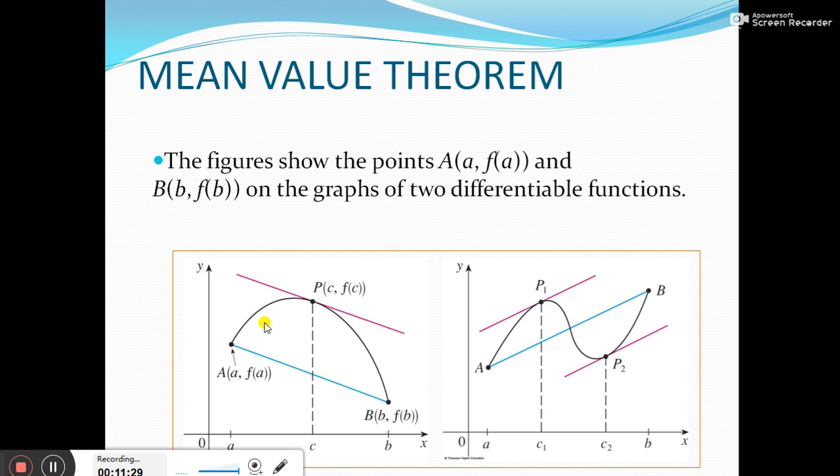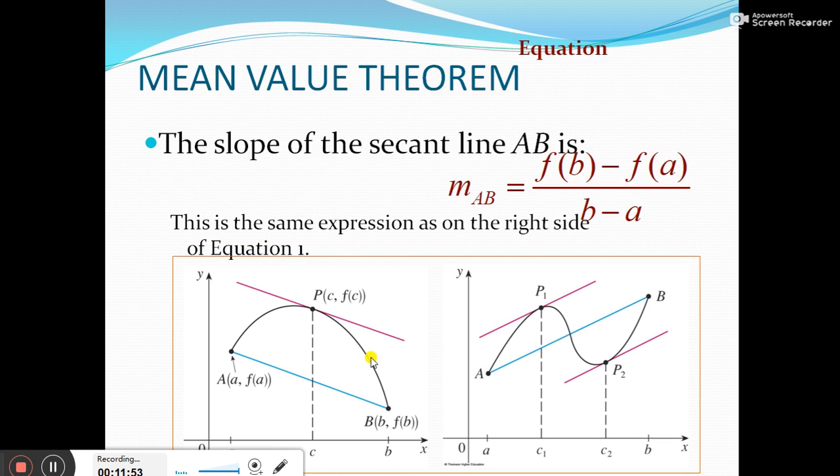And now you have to see the graph of a differentiable function. This curve y is equal to f(x) is the curve, and this point is (a, f(a)), and this point is (b, f(b)). And now what is the slope of this secant line AB?